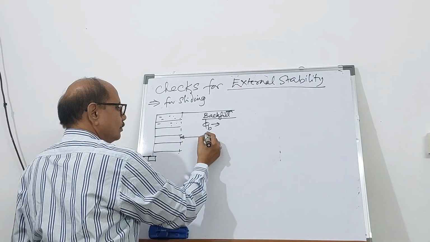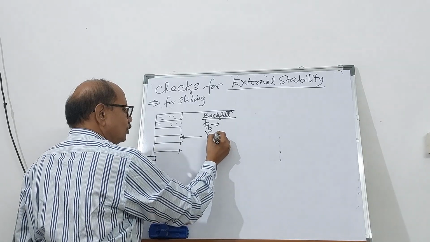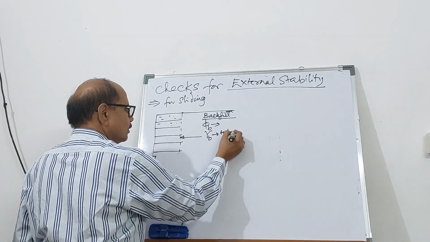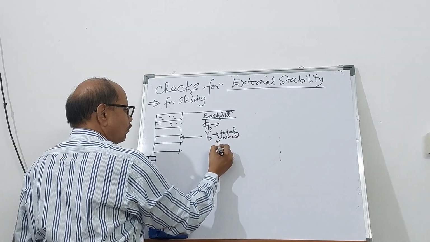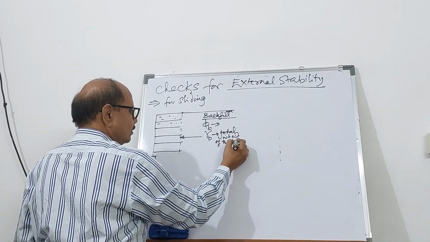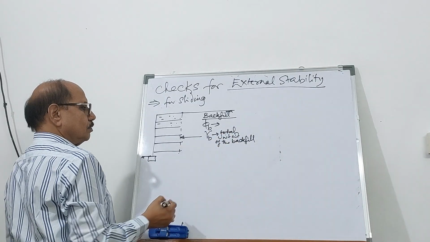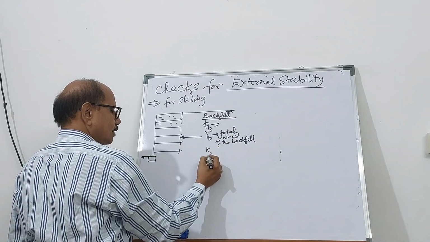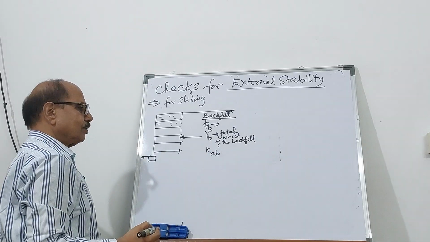Gamma b is the total unit weight of the backfill. And the active earth pressure for the backfill, you know it.